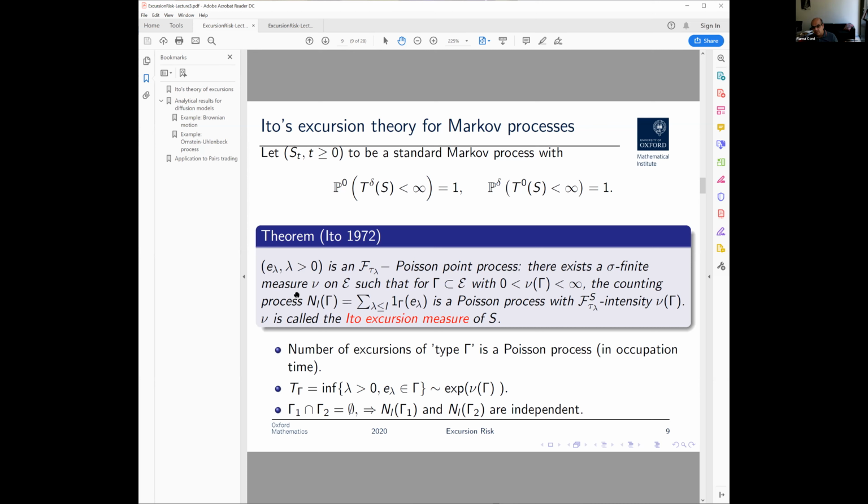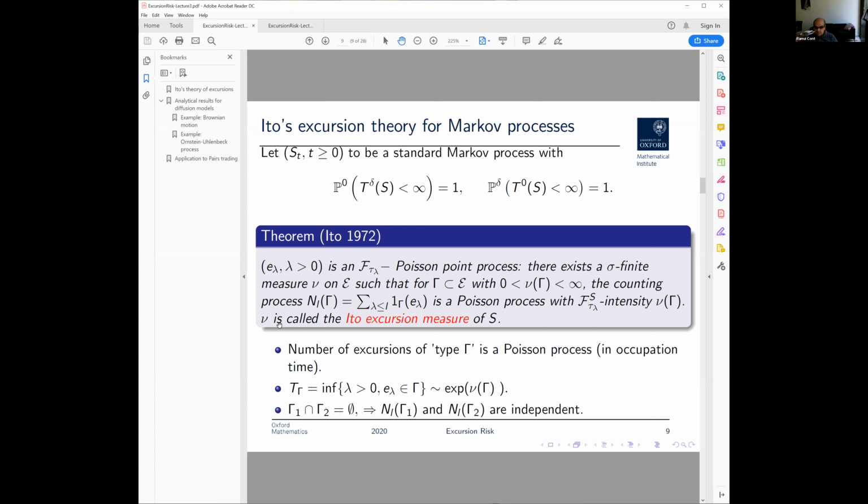So on the space of excursions, there is a measure which will be the intensity of this Poisson point process, such that if you take any subset gamma, a set of excursions, and you count the number of excursions which fall in gamma up to time L, where time is really occupation time, this counting process will be a Poisson process with intensity nu of gamma. And nu of gamma can be infinite or finite. If it's finite, then it's a classical Poisson process with intensity nu of gamma. If it's infinite, then we still call it a Poisson process, but it can be infinite.